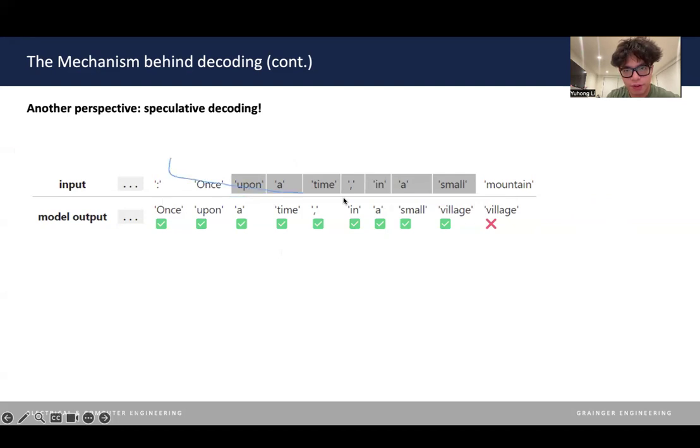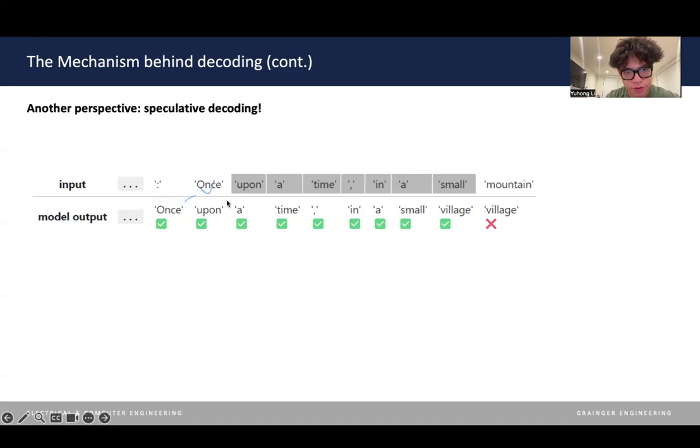We put them together into the large language model and use the large language model as a verifier, verifying whether the model's output, shifted one to the right, matches the input.